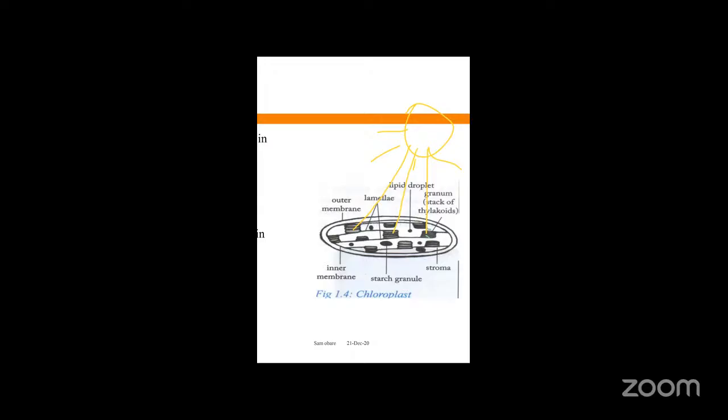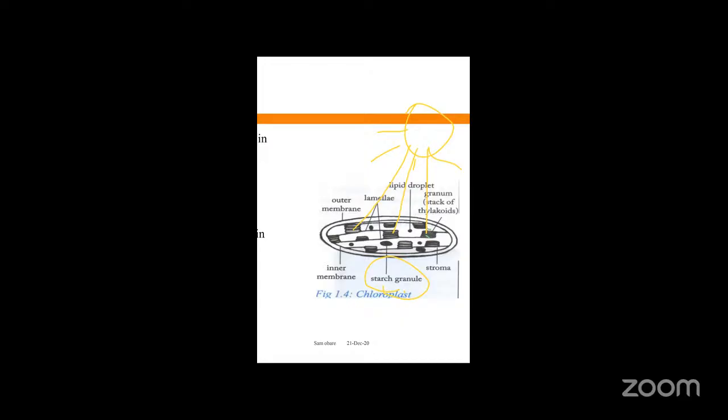But when you look at plants and you want to investigate or test the type of carbohydrate that is found inside the plant, you'll find that it is in form of starch. That's why we have starch granule, so that it can store starch. So what happens is when plants carry out photosynthesis, they form carbohydrates, and those carbohydrates will be converted and stored in form of starch.